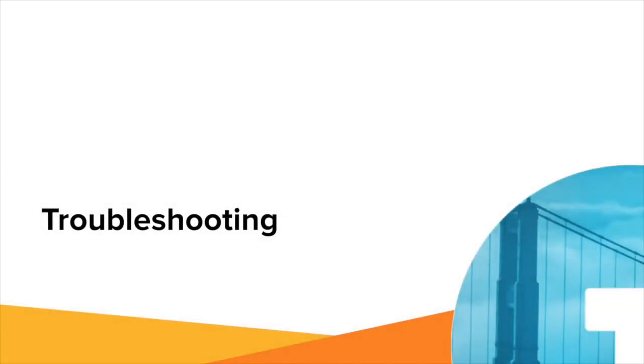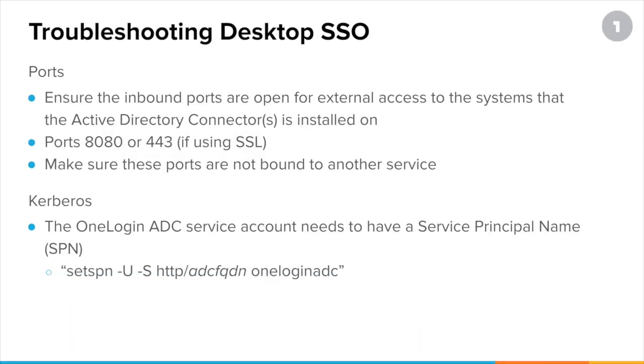Before we finish up, we just want to cover a few gotchas I want to make sure you're aware of. So don't forget about the ports. Again, users' workstations will need to communicate with those Active Directory connector instance servers via whatever port you configured for that desktop SSO redirect URL.